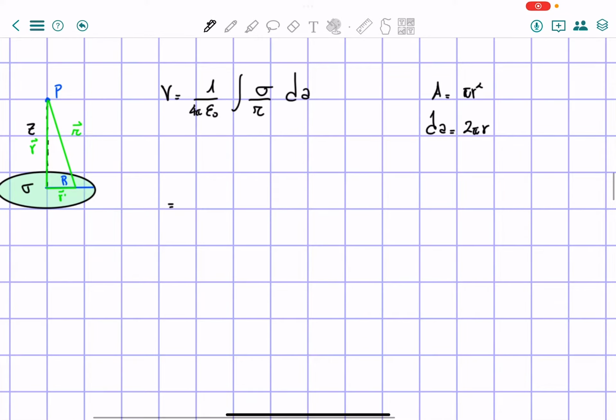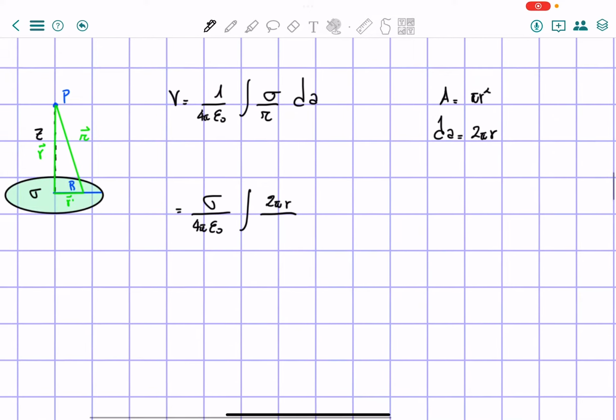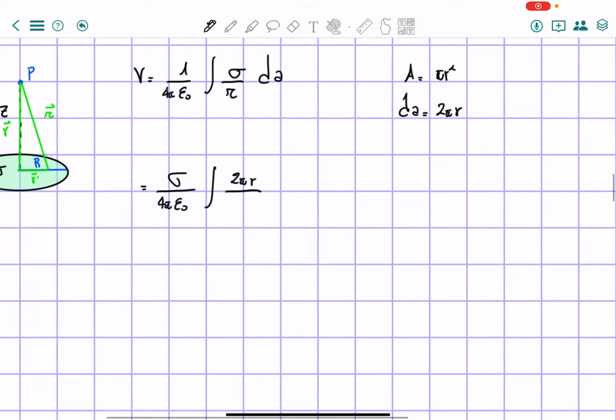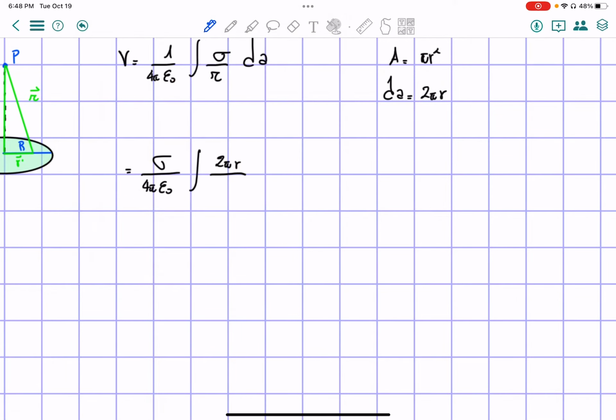So we're going to rewrite it. We can take out the omega since it's a constant, and we're going to have omega over 4 pi epsilon naught times the integral of 2 pi r over the distance vector. What is the distance vector going to be equal to? It's the norm of r minus r prime.